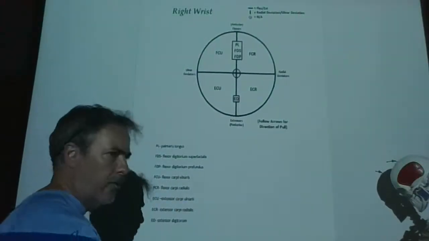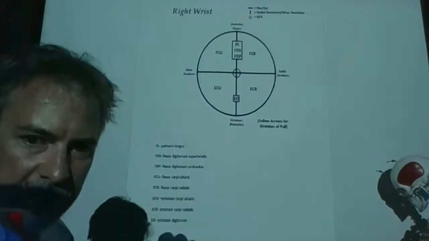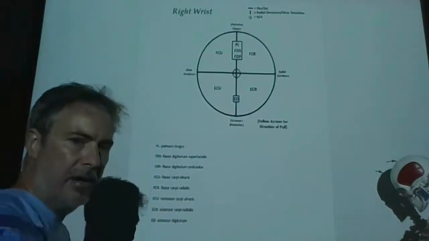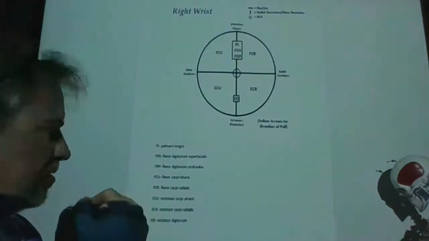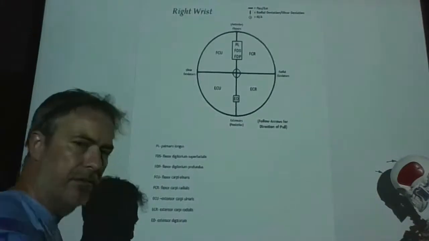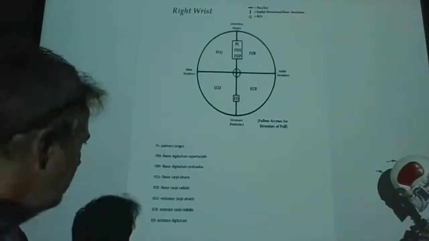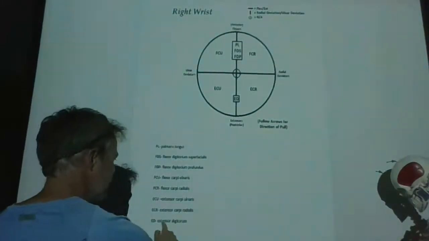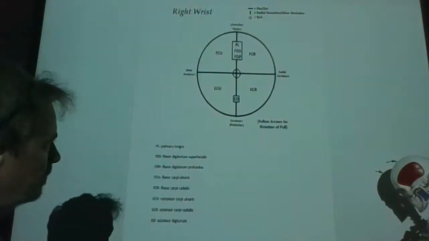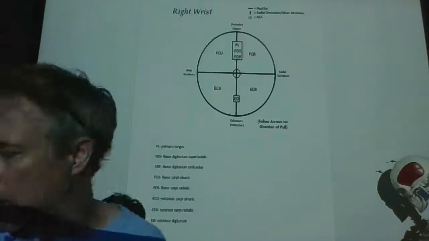Flexor carpi radialis, wrist flexor, radial deviator. Extensor carpi ulnaris, wrist extensor, ulnar deviator. Extensor carpi radialis, wrist extensor, radial deviator. Extensor digitorum, wrist extensor. Cool? All right.